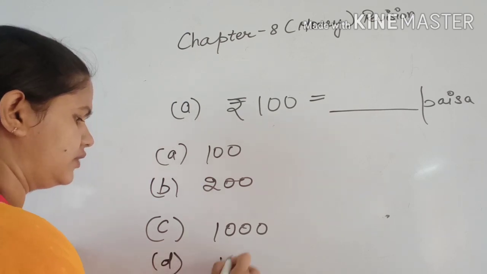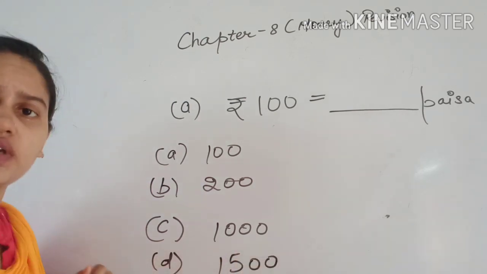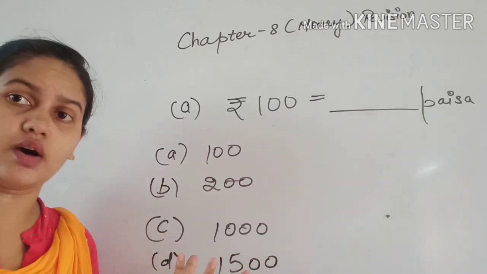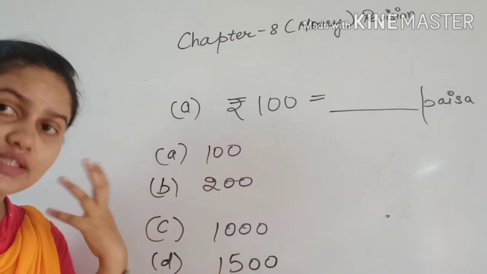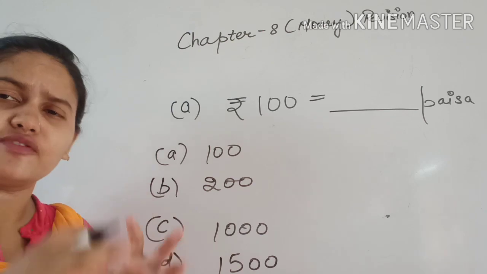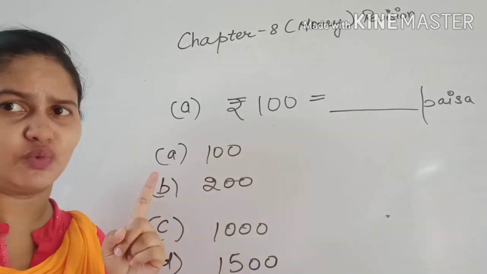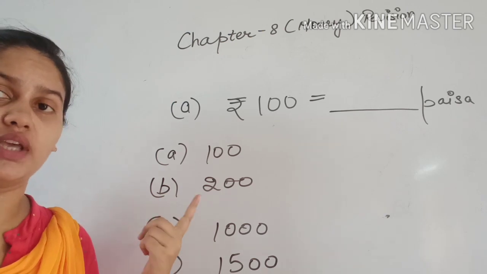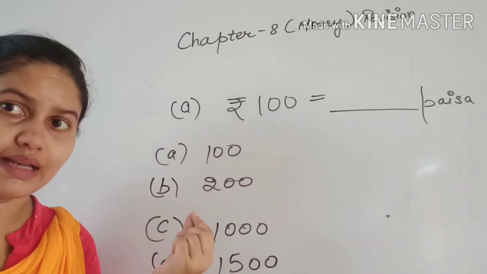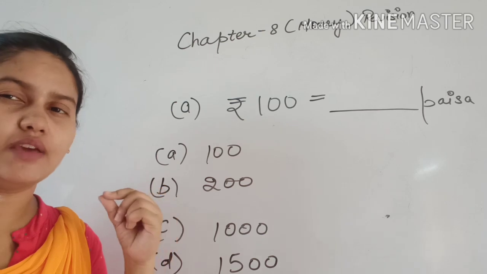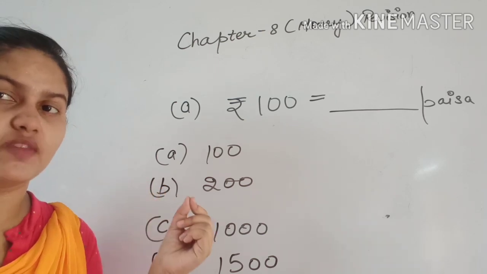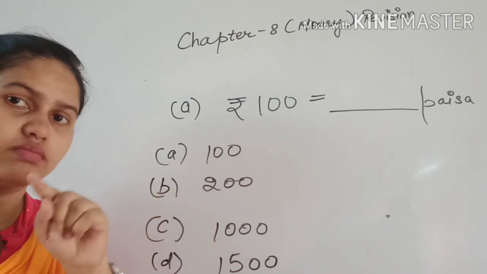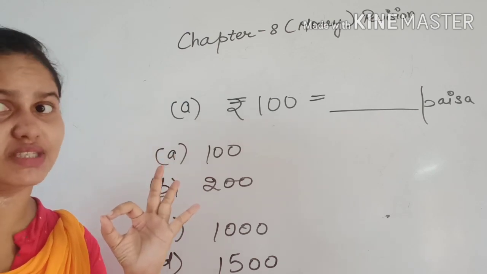You can see I have given 4 options to you, that is an MCQ. This is an objective type question where we have many choices but we have to choose one. And this is on you how you choose. If you choose one correct answer, you will get 1 mark. If you choose the incorrect answer, that will be 0.